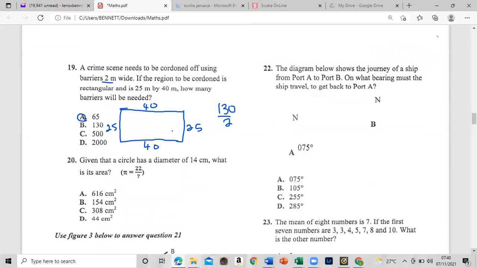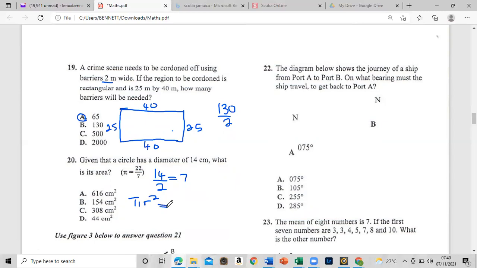Given that a circle has a diameter of 14 centimeters, what's its area? If the diameter is 14, the radius is half the diameter, so 14 divided by 2 is 7. The area is pi r squared. You have to know these formulas by heart.